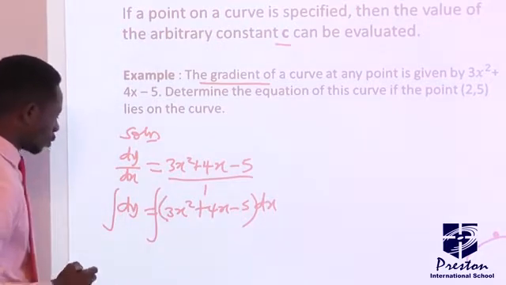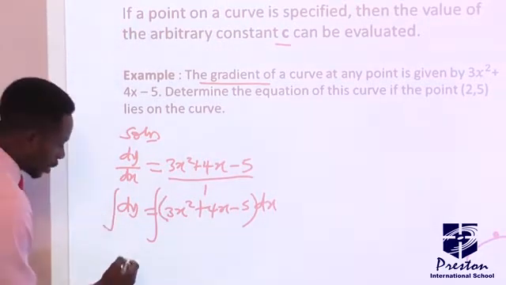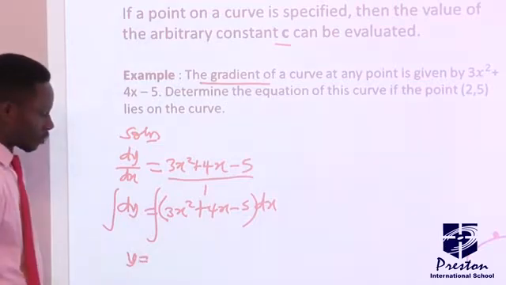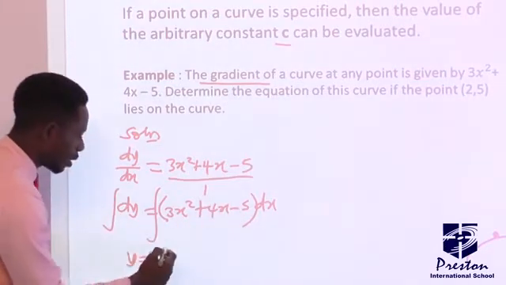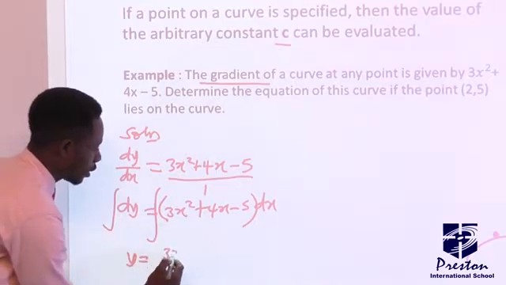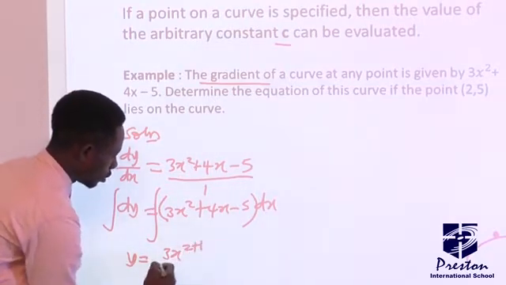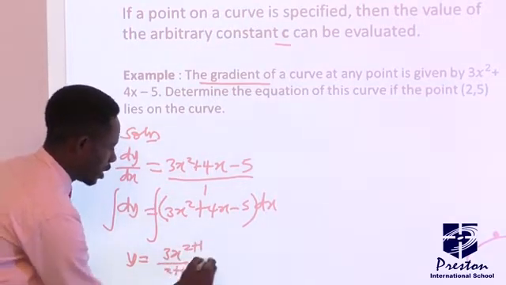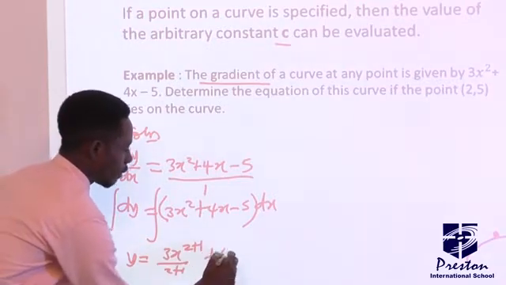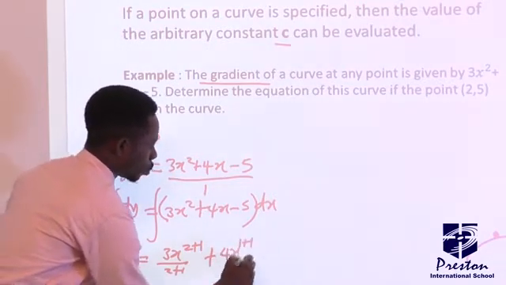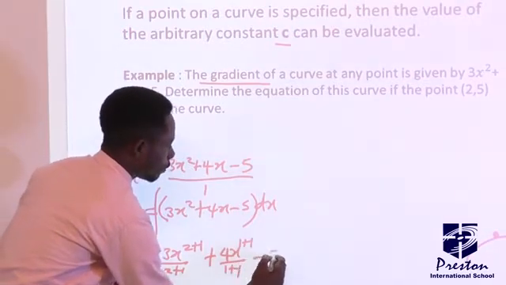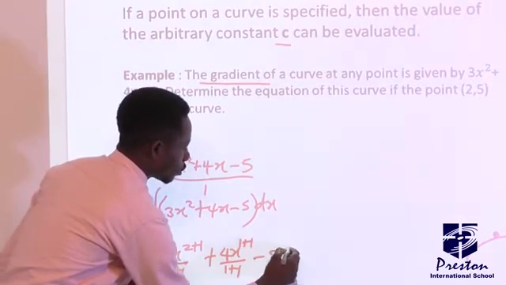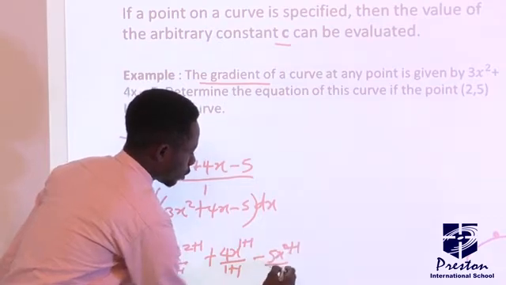So having that done, integral of dy will give us y as a function, which is equal to, if you go by the method of integrating polynomials, 3x raised to the power 2 plus 1, over 2 plus 1, plus 4x raised to the power 1 plus 1 over 1 plus 1, then minus 5x raised to the power 0 plus 1 over 0 plus 1.